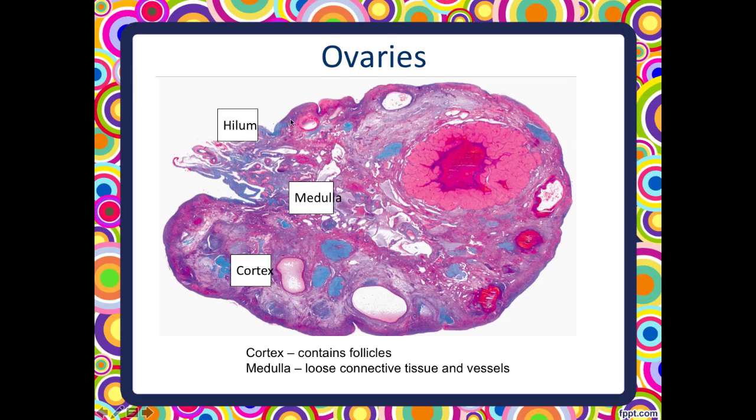So superficially there is the ovarian surface epithelium, then tunica albuginea, then a cortex containing follicles with oocytes, and in the center part there is a medulla with a blood vessel network and nerves and lymph nodes.